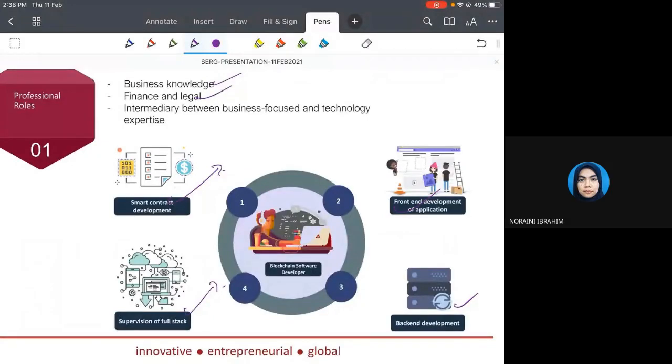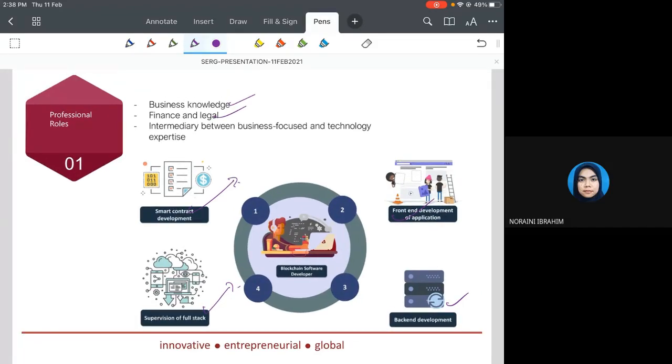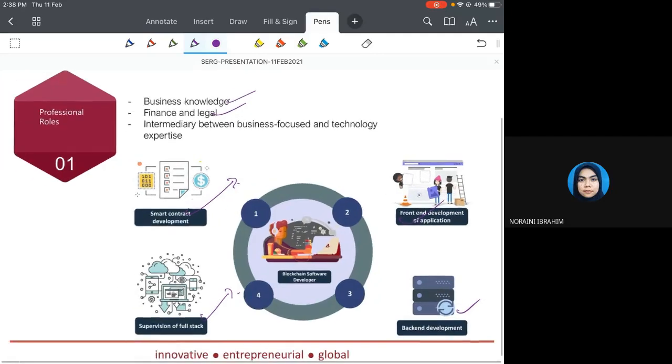Not know everything, but you need to be a fast learner. The level of adaptability is very high for software engineering. That's why I cannot see any difficulty for a software engineering student to jump into this area, the blockchain.